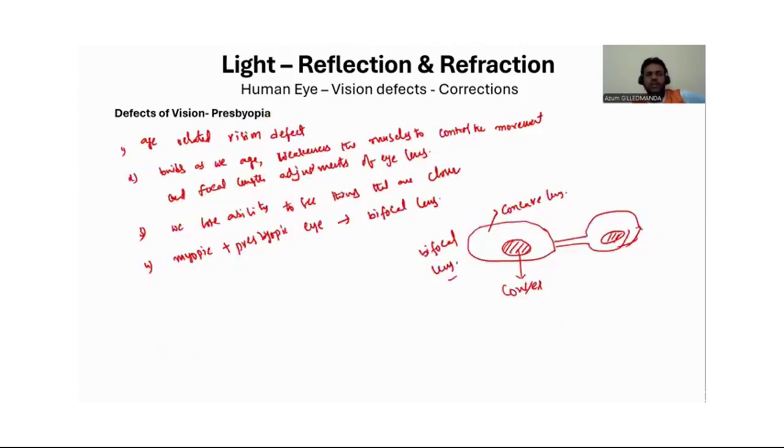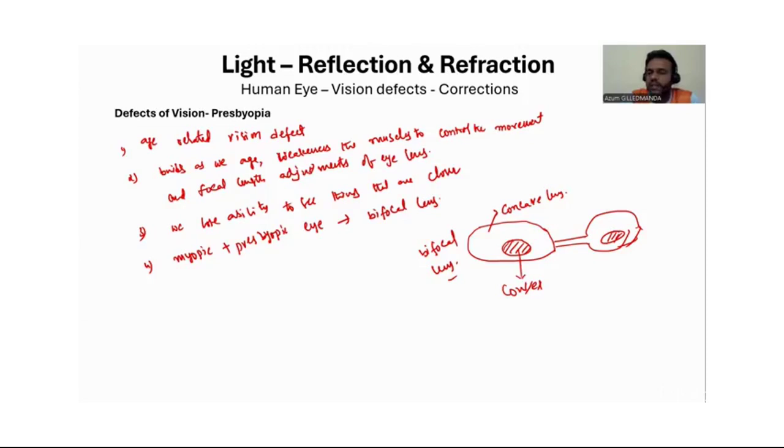And then we also looked at presbyopia. Presbyopia is an age-related vision defect, which you will develop as you grow, as the muscles get weaker. The eye will lose the ability of movement as well as accommodation, that is adjusting the focal length of the eyes.